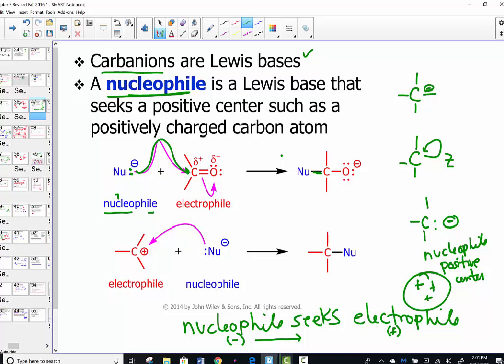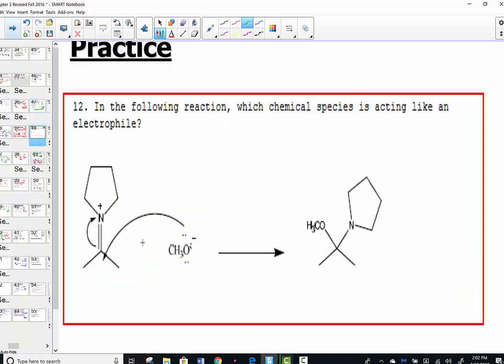Here we see a carbocation and a nucleophile. The carbocation is seeking electrons. The nucleophile is seeking the nucleus, positive protons. So we originate from the nucleophile to the electrophile. In this reaction, a clip art from a test question, which chemical species is acting as an electrophile? Which chemical species is seeking electrons?